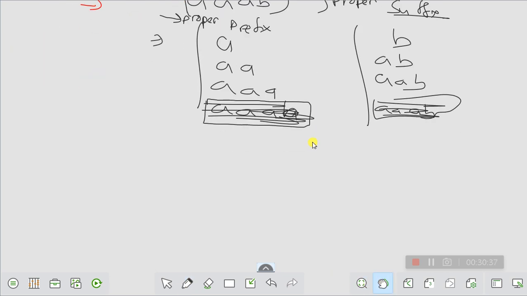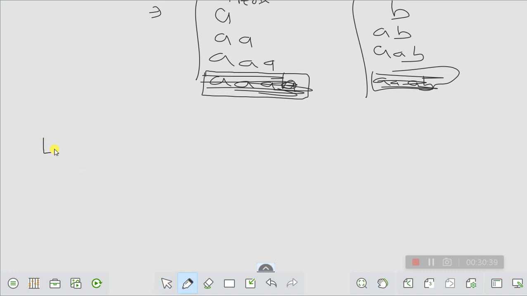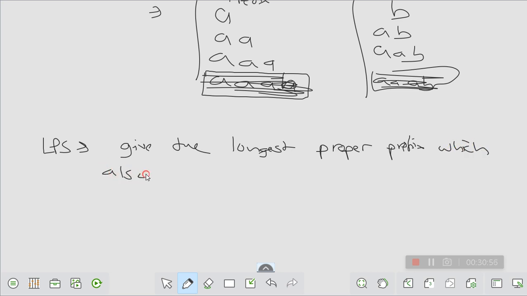Okay, so the meaning of LPS is, give me the longest proper prefix, which is also a proper suffix.